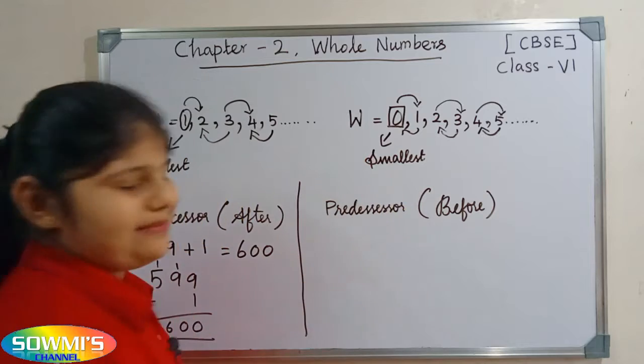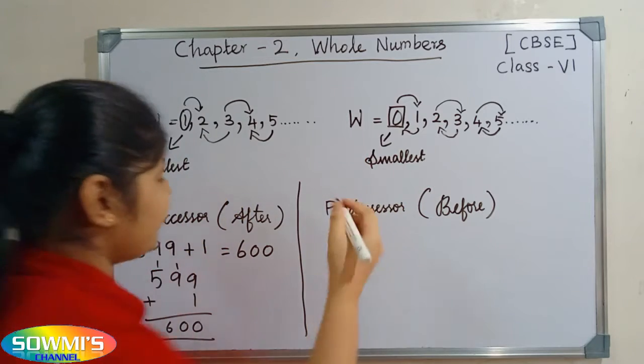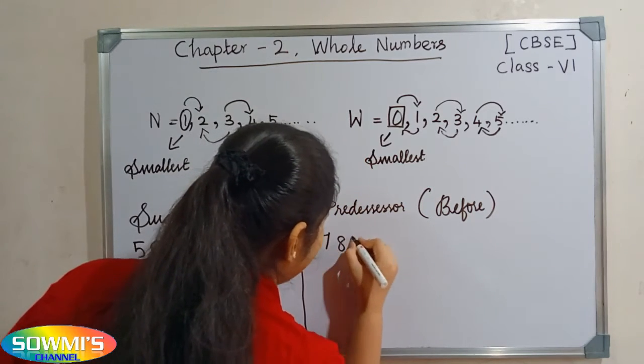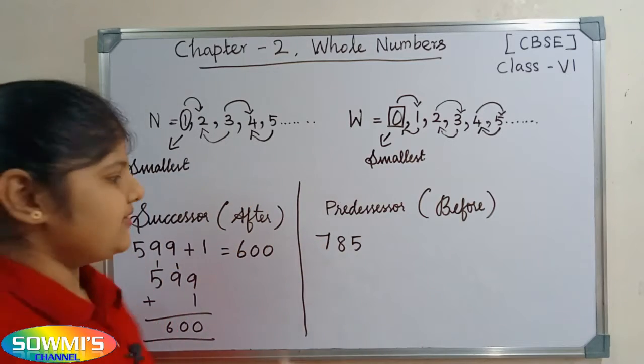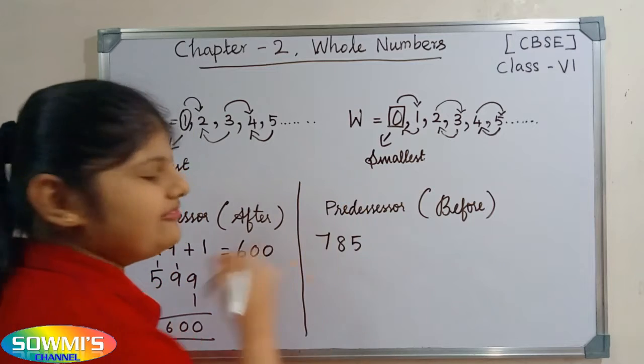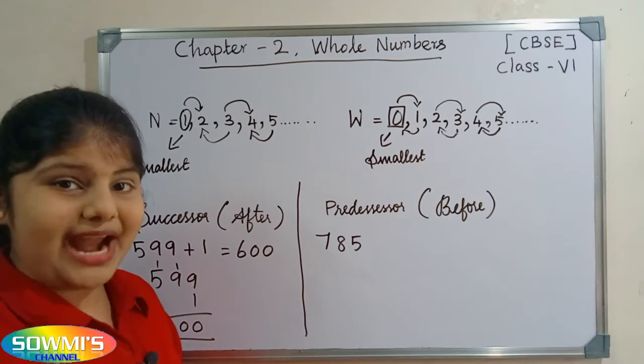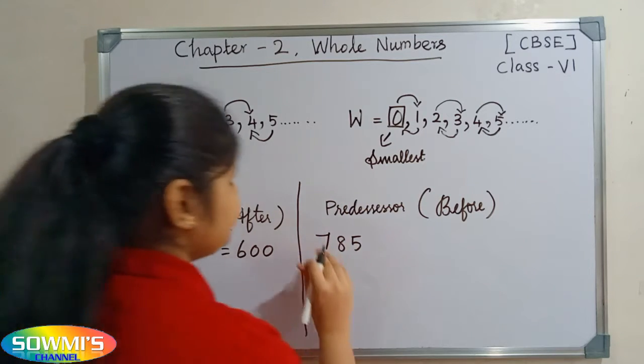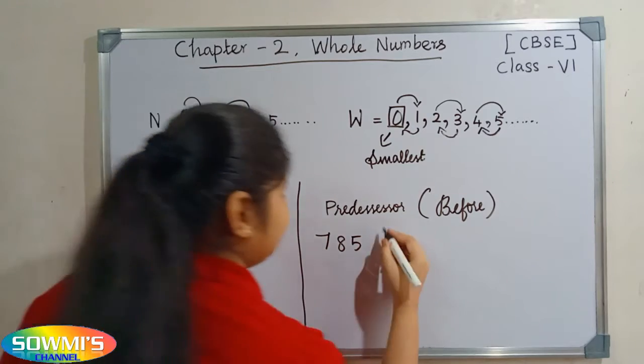So now we will see some examples for predecessor. For example, we can take 785. So here the given number is 785. To find the predecessor of a given number, we just have to subtract 1 from the given number.